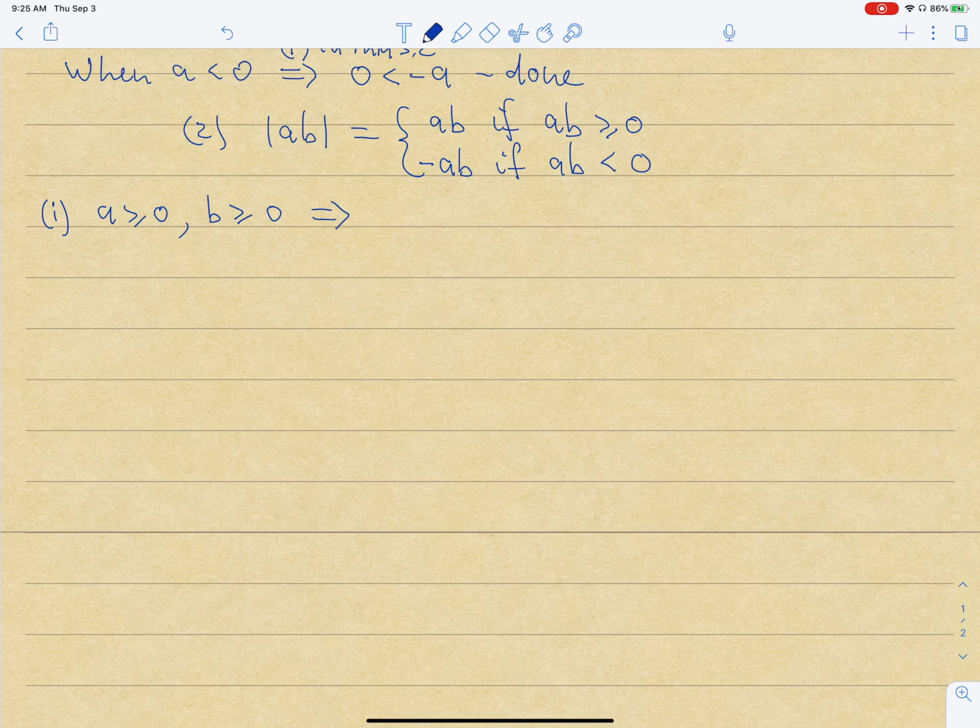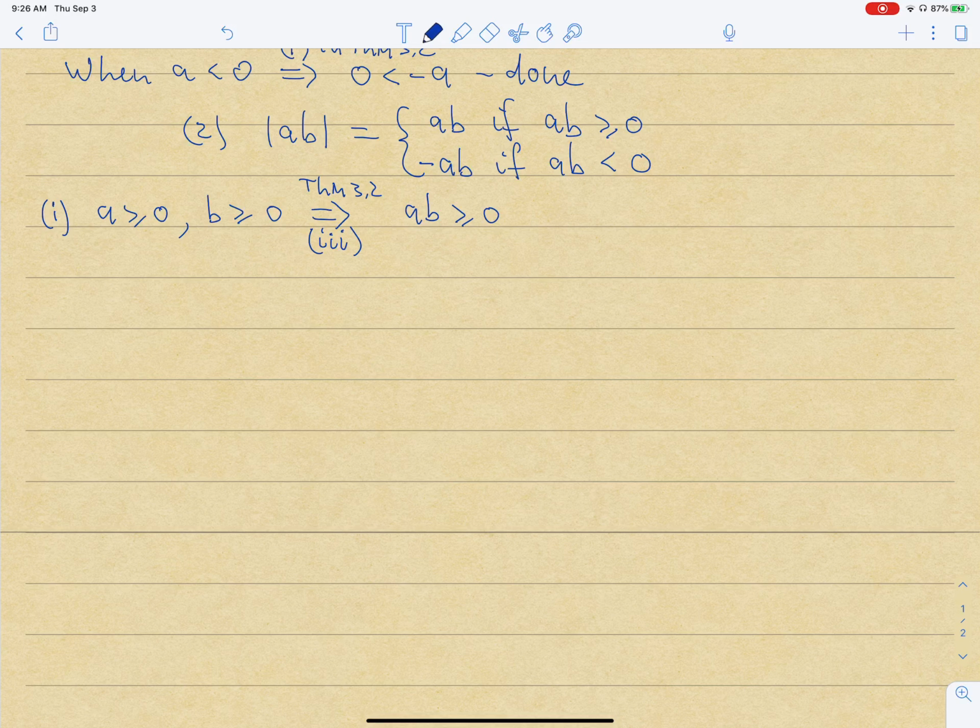If we look again at theorem 3.2, item number 3 tells us that if A is greater than 0 and B is greater than 0, then A times B must be greater or equal than 0.